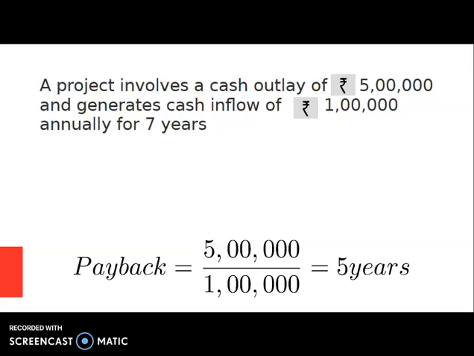So here we have to calculate the number of years to get back at least the rupees 5 lakh, to cover up your initial investment. So payback is equal to 5 lakh divided by 1 lakh, which is equal to 5 years. So you need 5 years to get back your initial investment, right? It is just very simple.